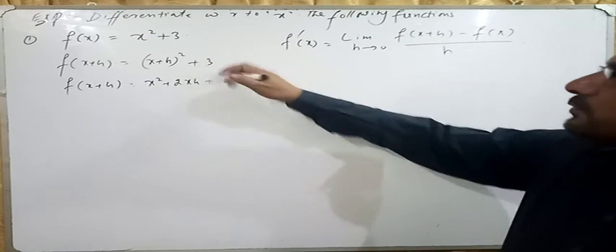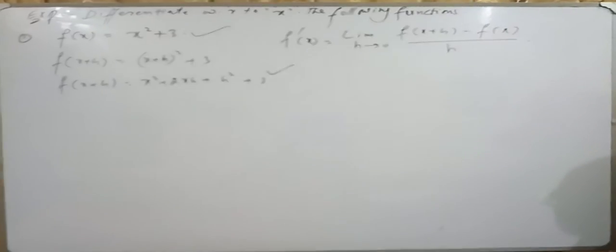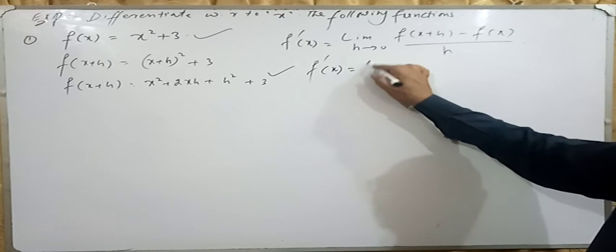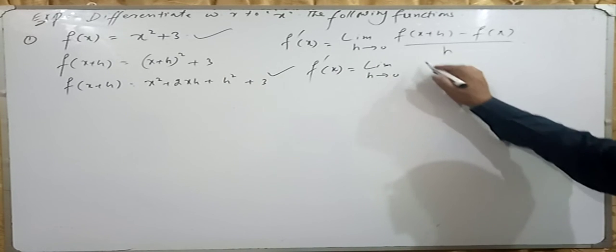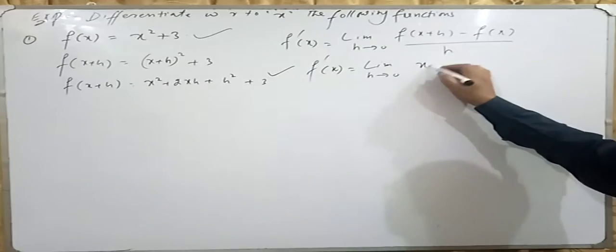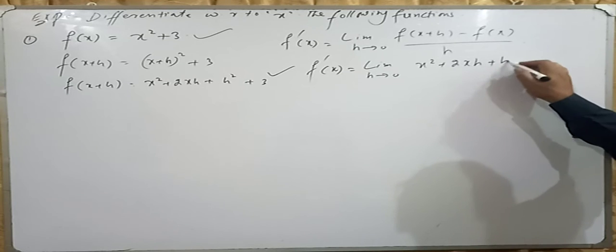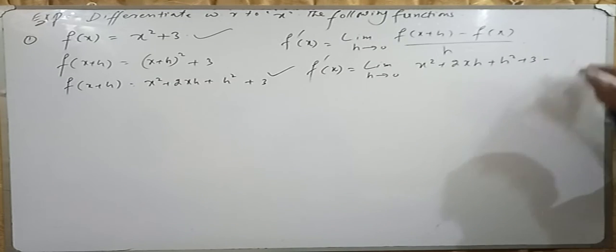Now replace these both values in the given function to differentiate it. So f dash of x will become limit h tends to 0 of f of x plus h, which is x square plus 2xh plus h square plus 3, and minus f of x.